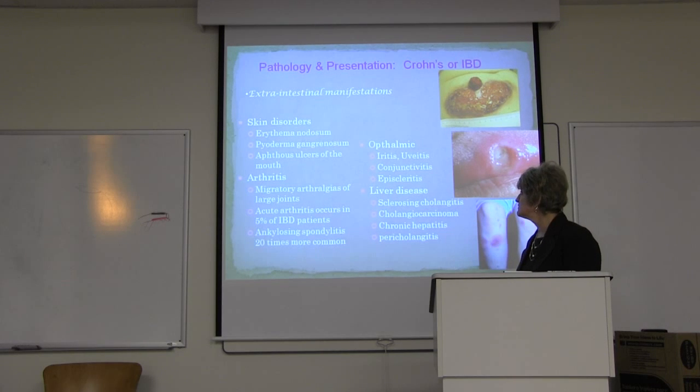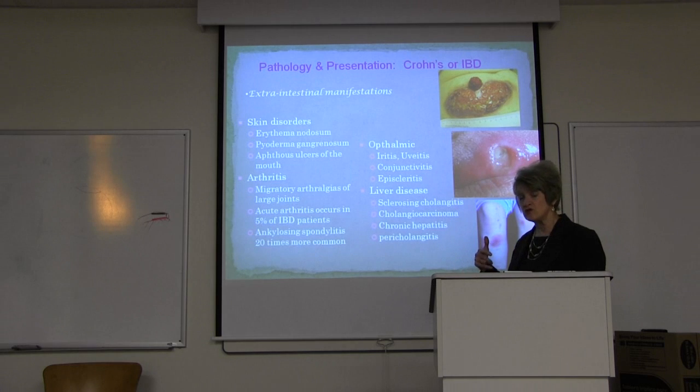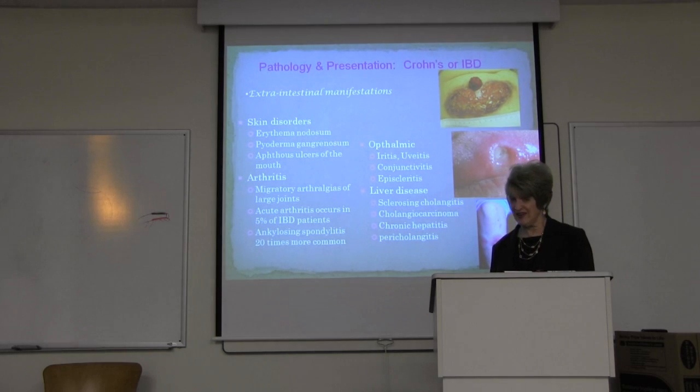The most serious with liver disease is cancer involving the bile ducts, hepatitis, or sclerosing cholangitis, which is progressive destruction of the bile ducts. Now, fortunately, these are very rare, but you just need to be aware that they can occur and that it clearly indicates that there's more to inflammatory bowel disease than what's going on in the gut.